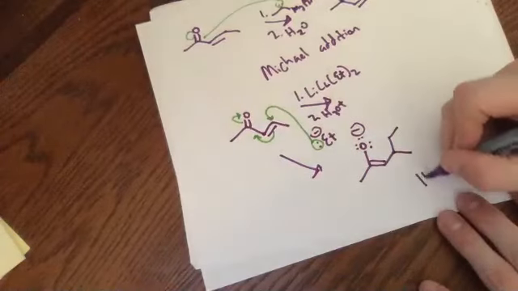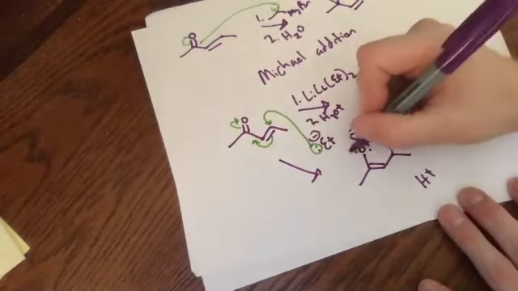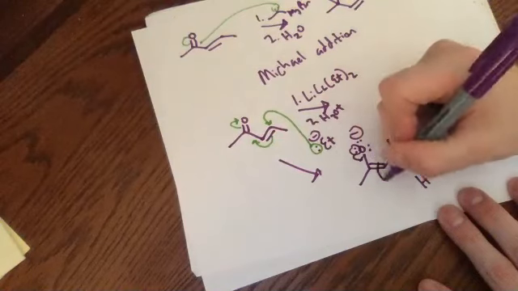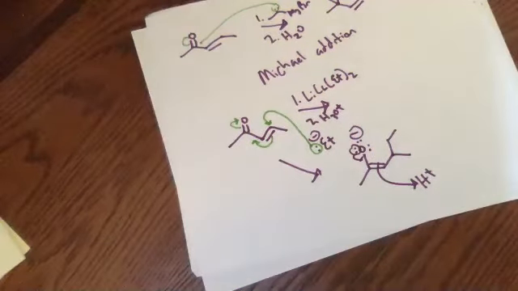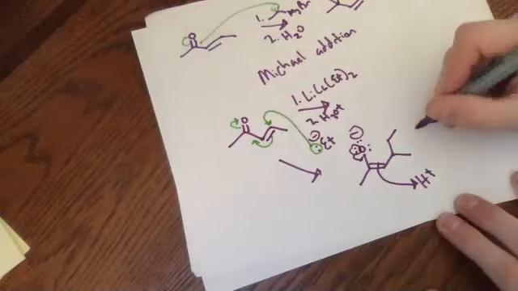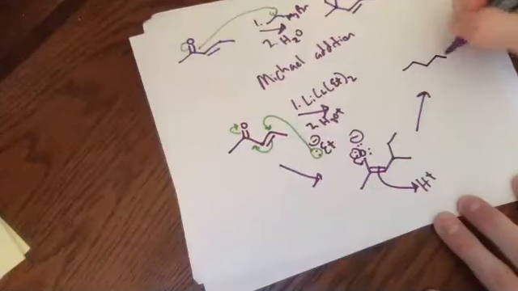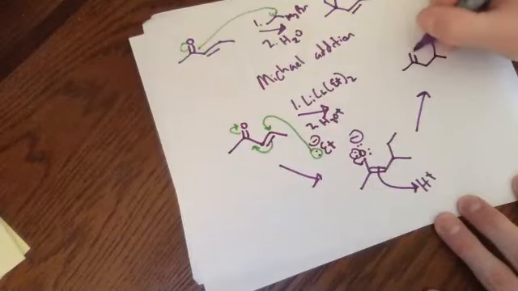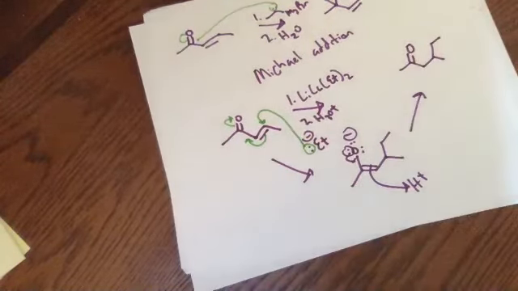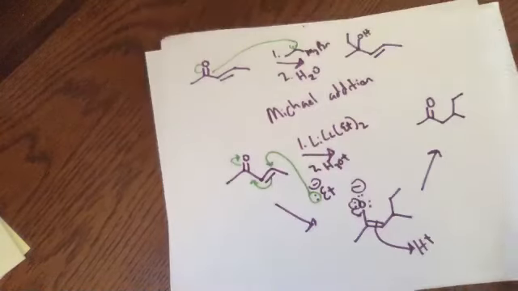And then we can reprotonate. So reform our carbonyl, grab an H+, to form this, what's called Michael addition product.